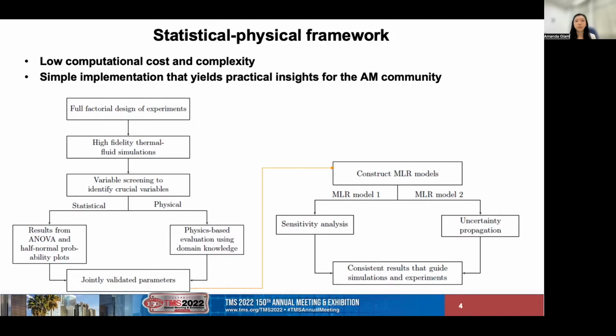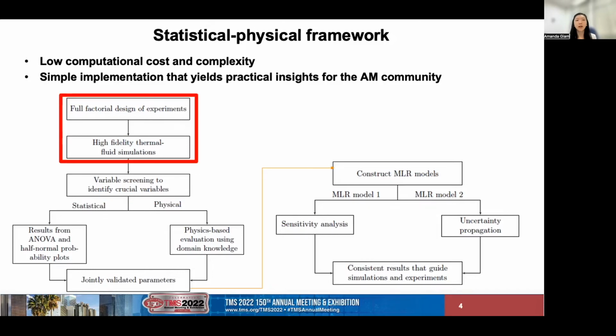And upon jointly validating the parameters from both statistical and physical perspectives, we then go on to construct multiple linear regression models that can serve the purposes of doing a sensitivity analysis and uncertainty propagation respectively, in order to get results that can guide both the simulations and experiments.